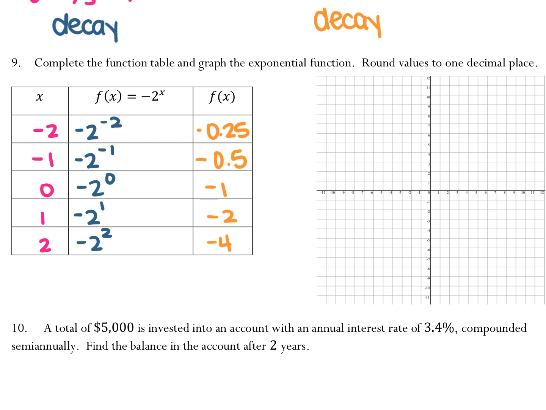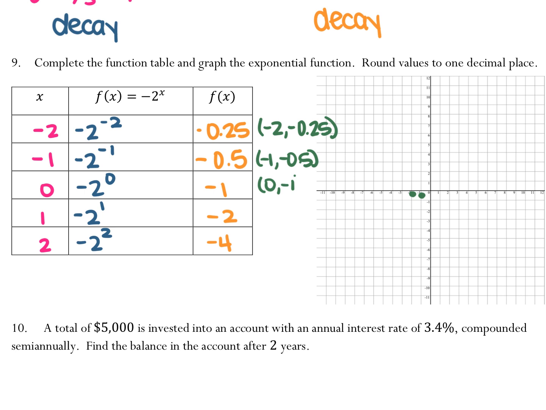If we go to graph these, the first ordered pair that we have here is the negative 2 comma negative 0.25, which is going to give you this point here. Then we have -1, comma, -0.5. So that's here.